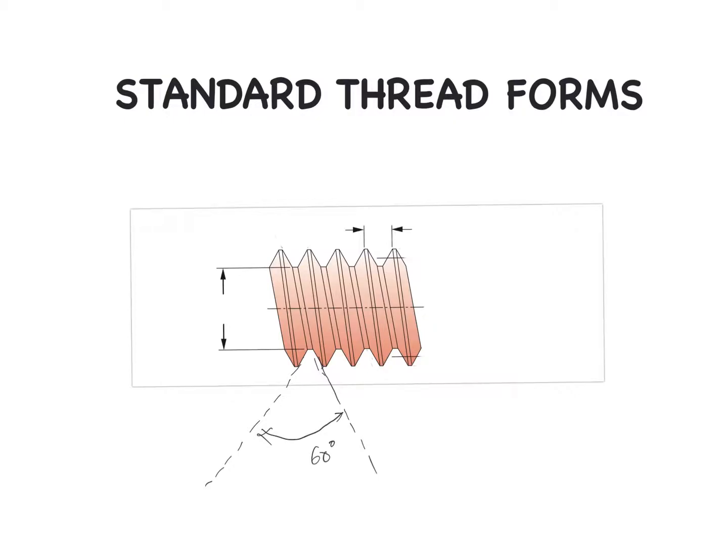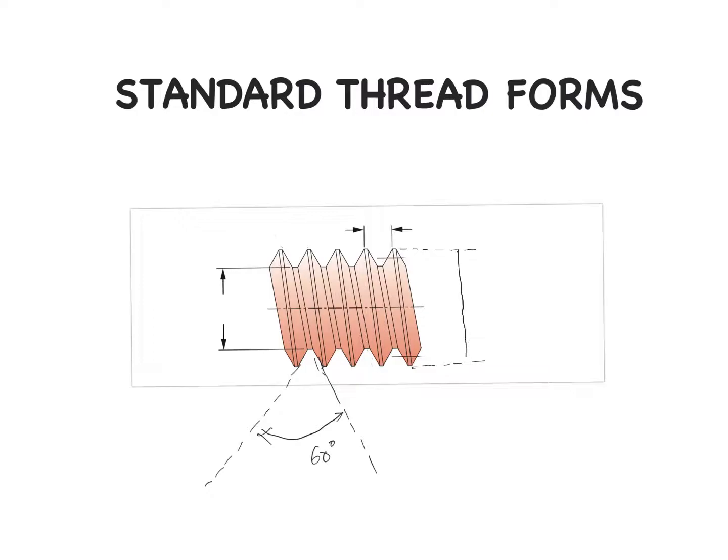When we talk about thread diameter of a particular thread form, there are a couple of them or more than a couple of them. The first one and the most important is the nominal diameter or the major diameter of a thread form, which is the largest diameter in this particular thread form. If I ask you to draw which is the largest diameter, the largest diameter will be this one.